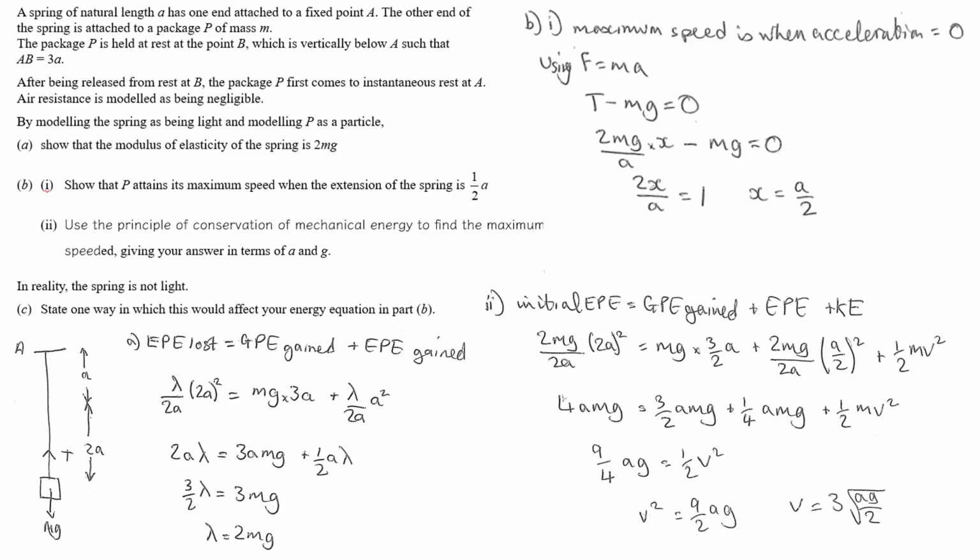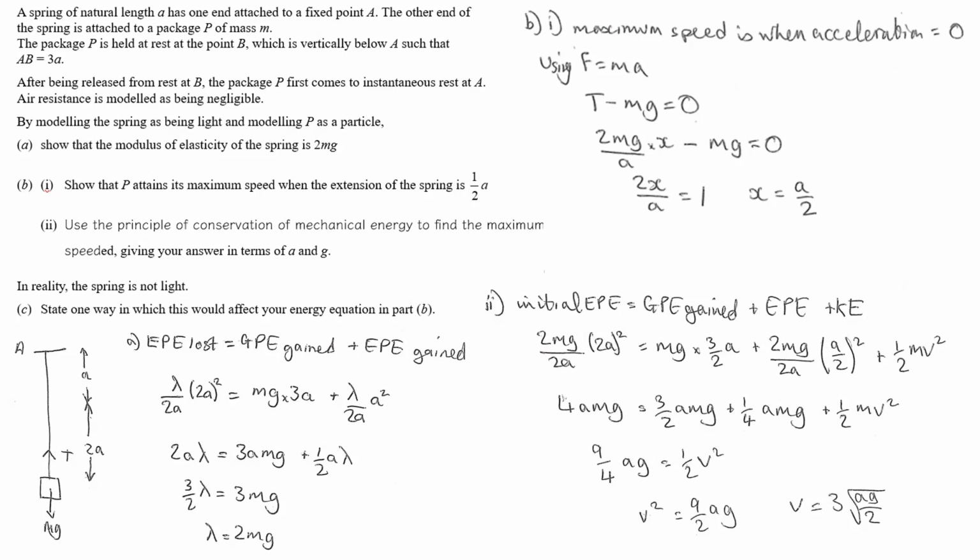So how much it's moved up is equal to the elastic potential energy at that point. Now the elastic potential energy is a half A squared times lambda over 2A. Remember, if it's moved up 1.5, that means it's still extended a half A, plus the kinetic energy at that time. So what I've done there is I've simplified it carefully.